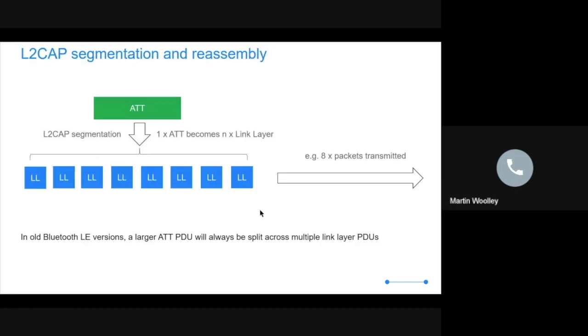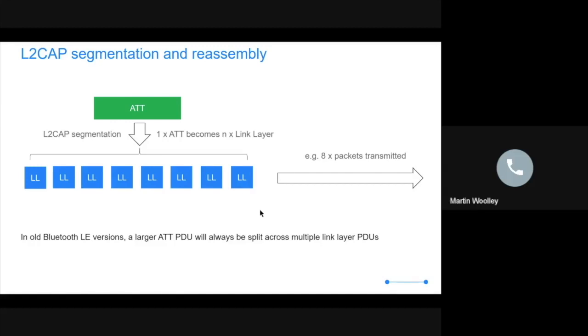Sitting underneath the attribute protocol is a layer called L2CAP. It actually stands for the Logical Link Control and Adaptation Protocol, but that's a big mouthful, so we just call it L2CAP. Now, L2CAP is the lowest layer of the host, and the next thing we have to do is communicate with the controller, which contains at the top of it the link layer. Now, the link layer has its own MTU.